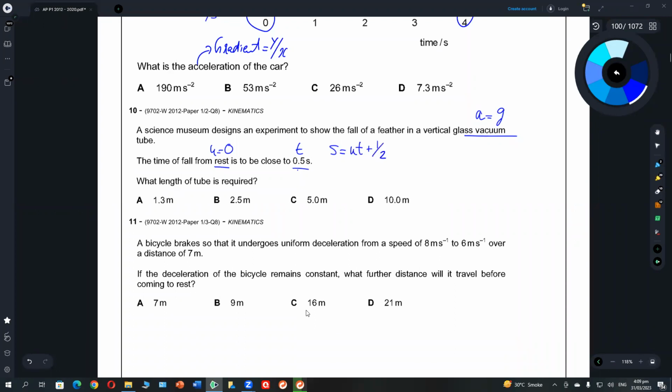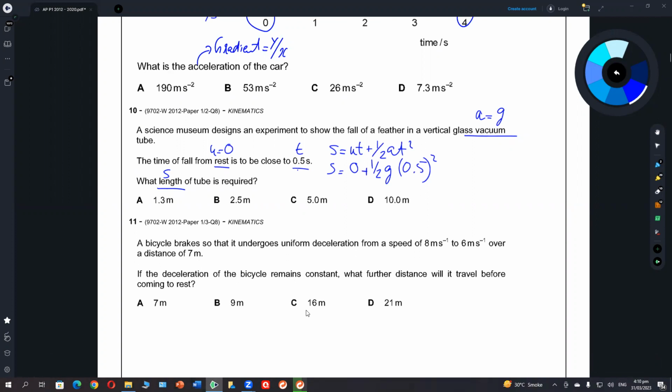I'm trying this equation because it's asking for the length of the tube. Initial velocity is 0. Can we just multiply 9.81 with 0.5? But it should be a square now.